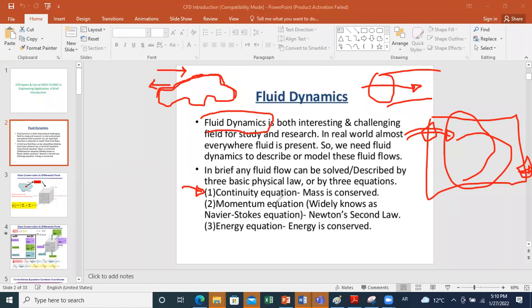This is the continuity equation. A second equation will be the momentum equation, which is known also as Navier-Stokes equation. If you remember in fluid mechanics, for the particular case when you have constant density and viscosity, you will then have to deal with Navier-Stokes equation.